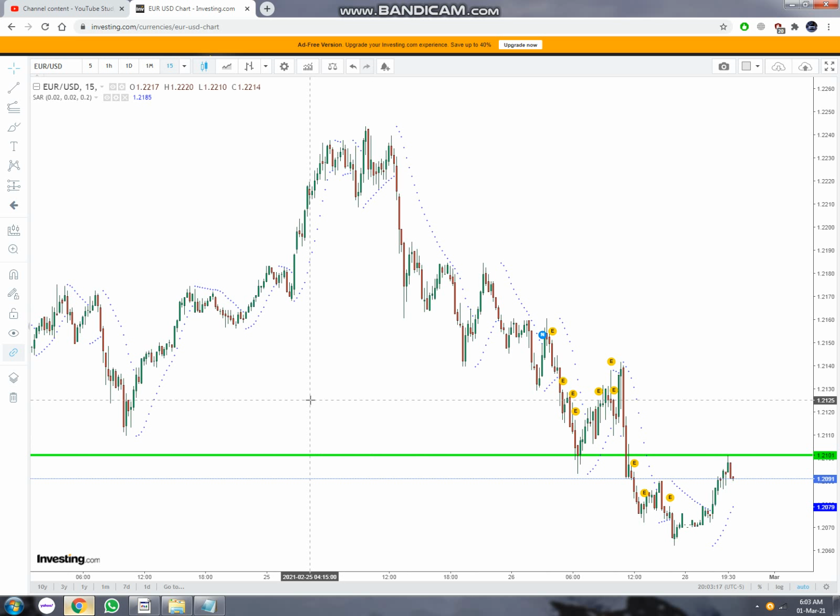Sometimes it trades above without retesting its level. So you have to be well aware that it might not retest its level at this point. It might start trading without retesting itself.